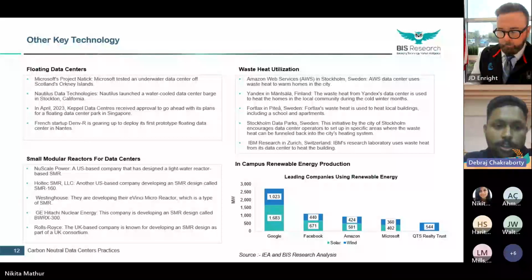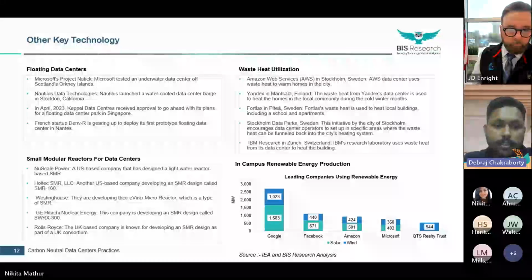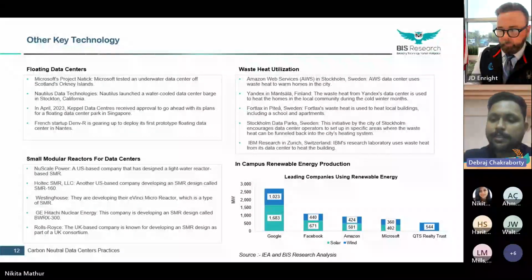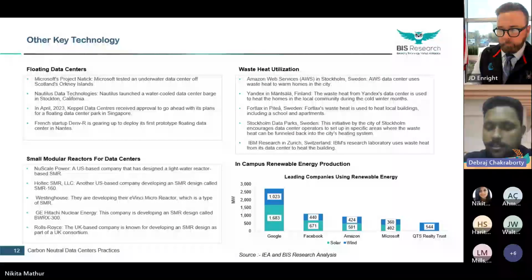They launched a water-cooled data center barge in Stockton, California. It's running good, although the overall capacity is not comparable to the large co-location or hyperscale data centers. It is something that all these companies are trying to look into. Kepler data centers invested $10 million in 2021 in Nautilus data centers. That means they are also trying to get into this particular market.